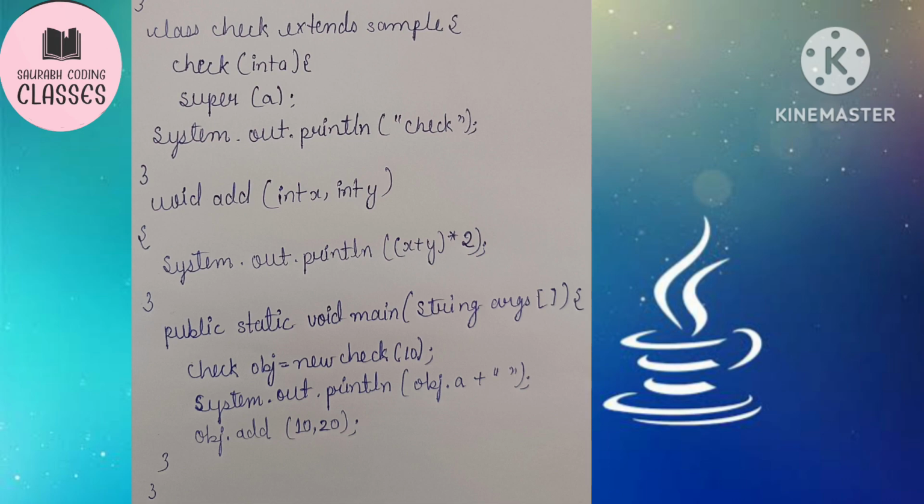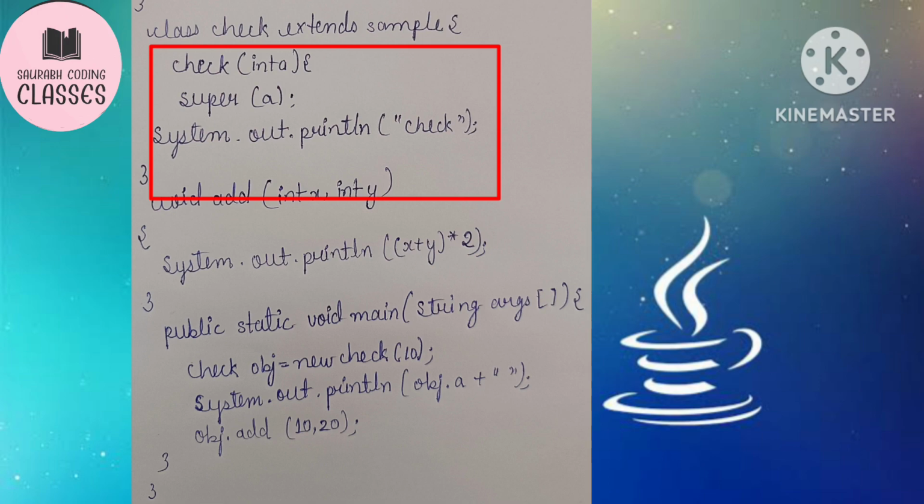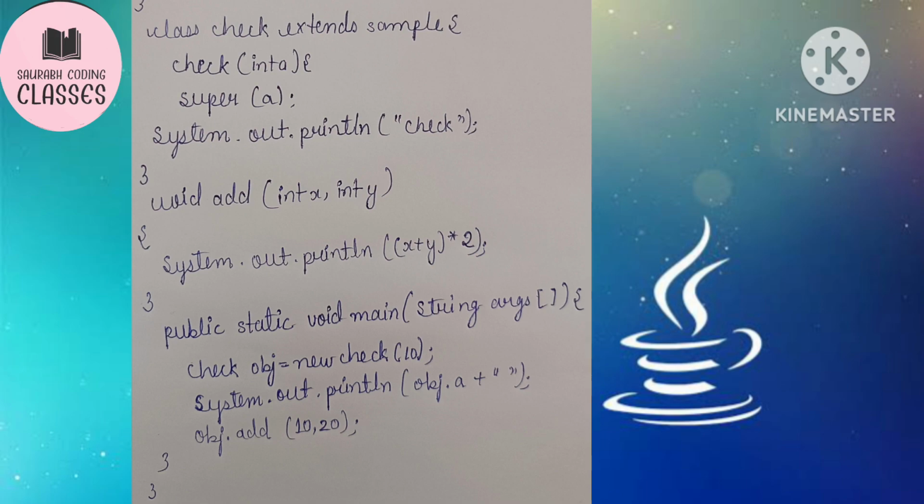In this example, we have to define a constructor inside the class Check, because we have no non-argument constructor in our superclass. To call the argument constructor of the superclass from the child class, we have to make a constructor inside the child class, because by default our compiler can only invoke the non-argument constructor of the superclass, but we have a constructor with an argument.